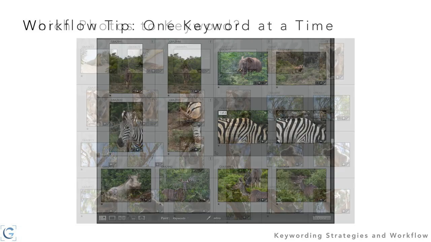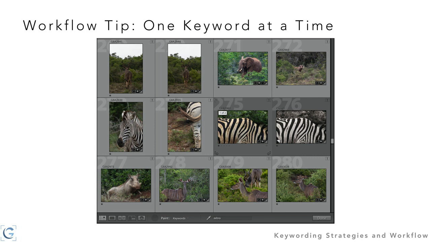One other consideration, a little workflow tip, is to add one keyword at a time. This is essentially an assembly line approach to adding keywords to your photos. So, for example, in Lightroom Classic, we have the Painter tool. Down on the toolbar below the grid view display, you'll find the Painter. And then once we've selected the Painter, you can choose what we want to paint onto the image.